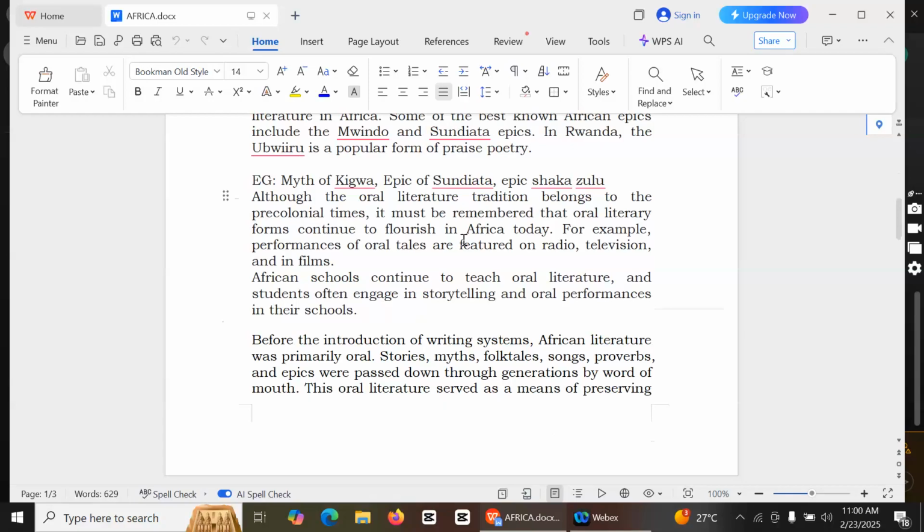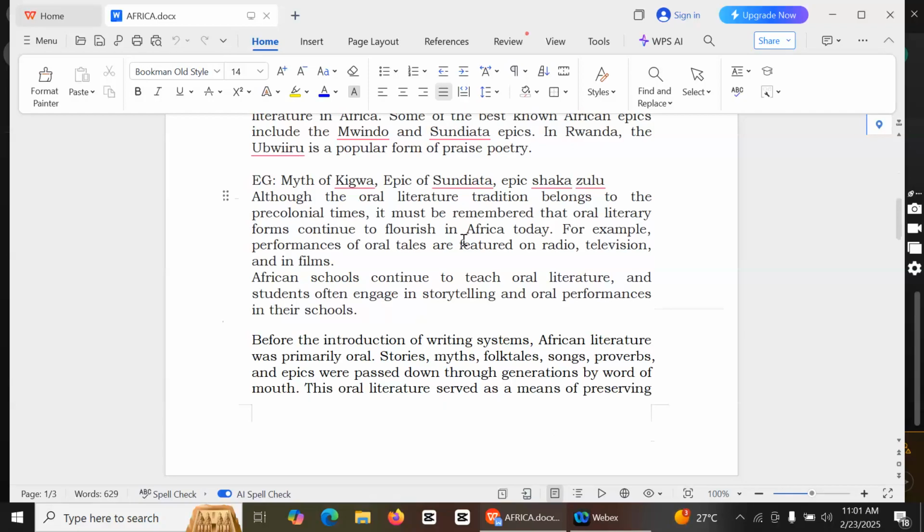You also have ancient songs and dances, which are oral literature that still survives. We also have storytelling in schools and performances, where they memorize a story and come and tell us their stories. This shows that oral literature still exists.